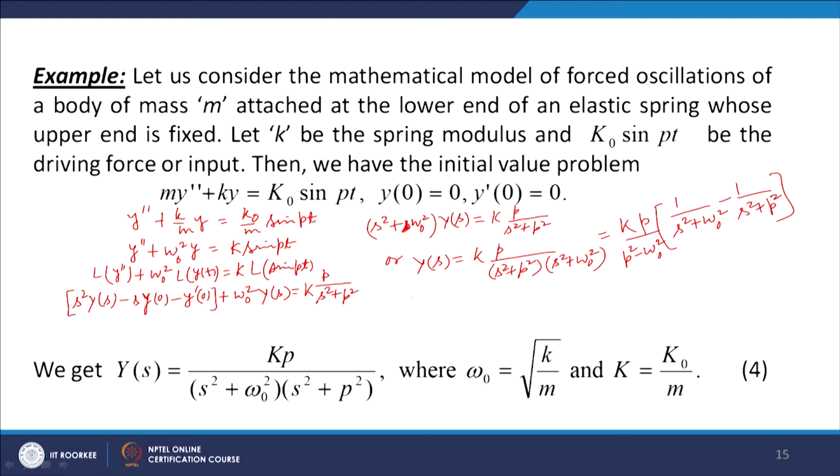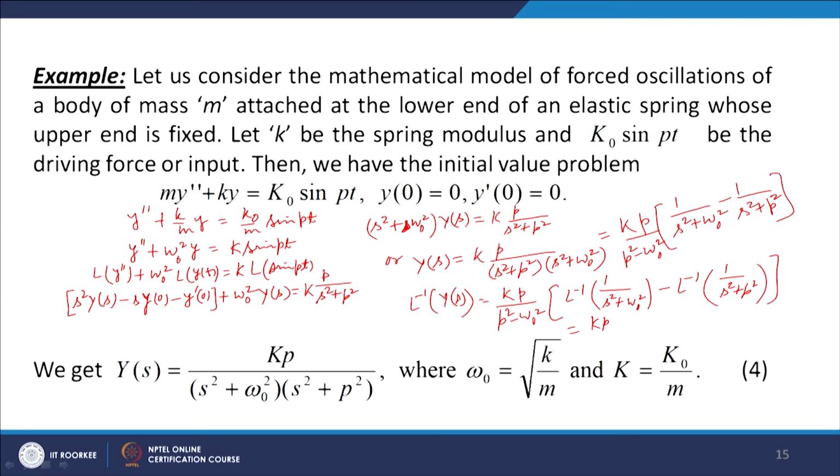Now, take the inverse Laplace transform. So, L inverse of Y(s) is equal to K p upon p square minus omega naught square, L inverse of 1 upon s square plus omega naught square minus L inverse of 1 upon s square plus p square.